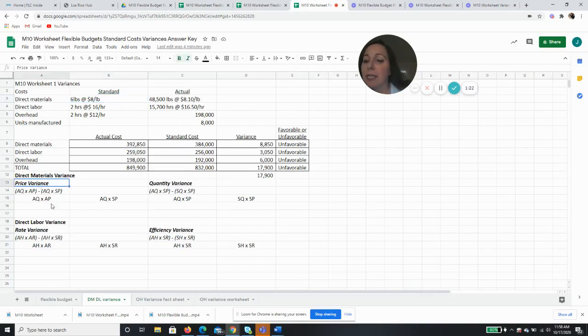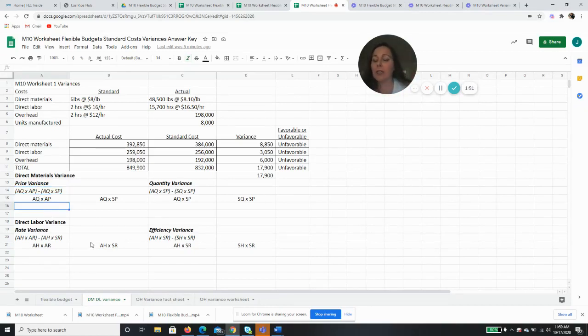So our price variance is going to be the actual quantity we used times the actual price we paid minus the actual quantity we used times the standard price, okay? So we're keeping quantity constant so that we can just identify how much of this variance comes from the price, from paying something different than the standard.